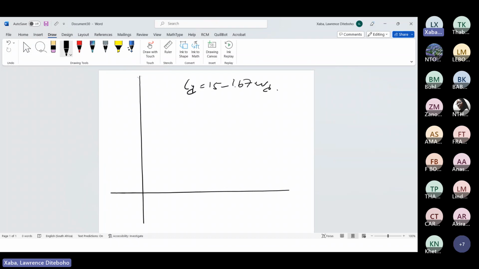Then we set W equals 0. Then we end up having LT equals 15 minus 1.67 times 0. Then we have 15.